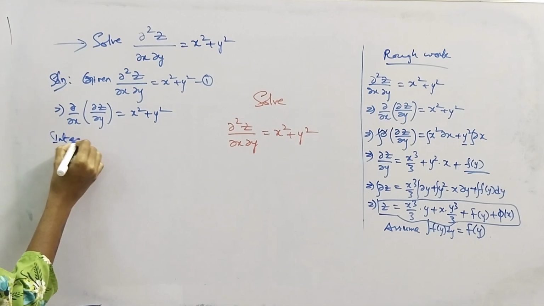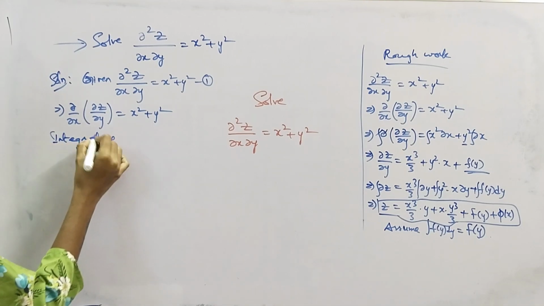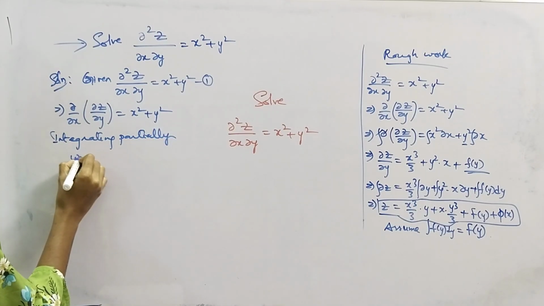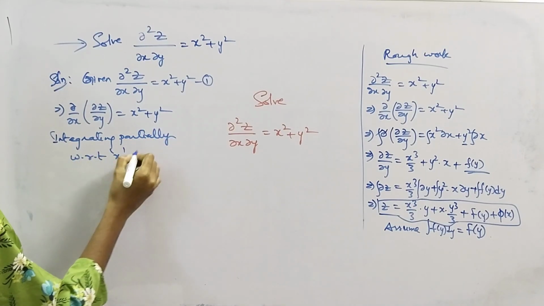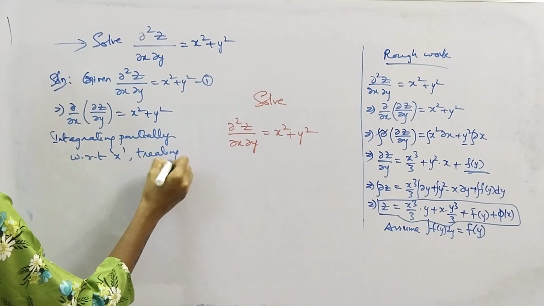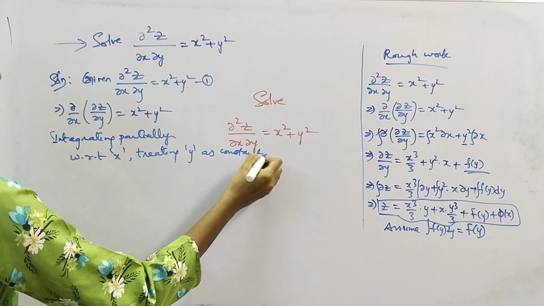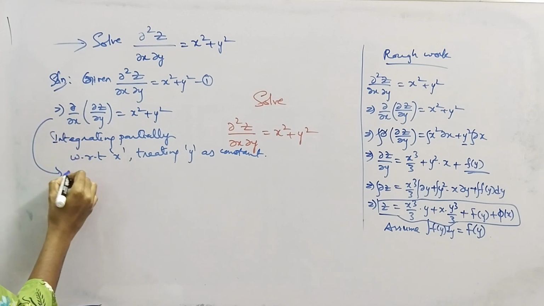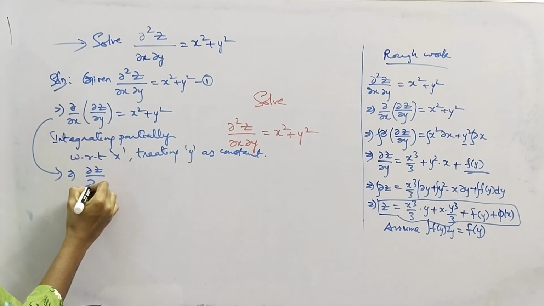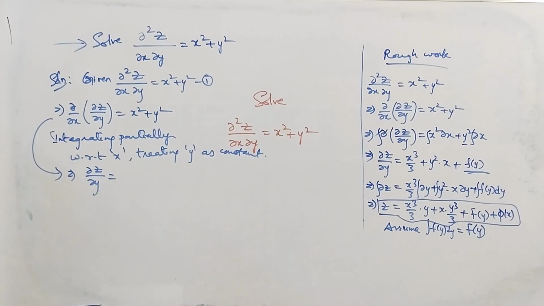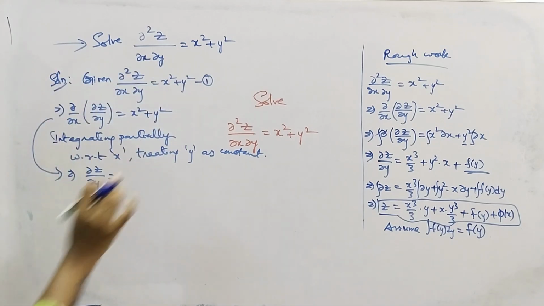So integrating partially with respect to x, treating y as constant, this becomes ∂z/∂y. You'll just do it directly. Earlier I wrote an integration symbol, but in many textbooks they do it directly without the integration symbol.